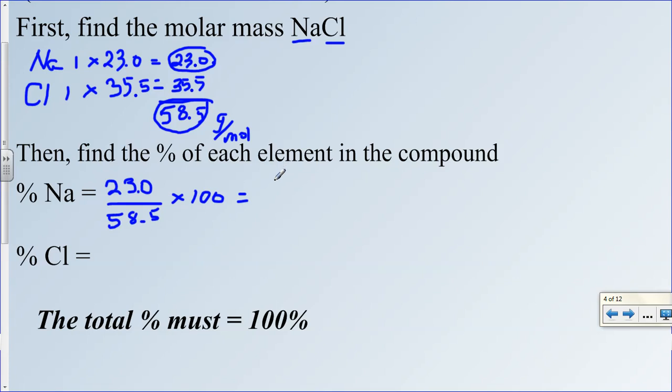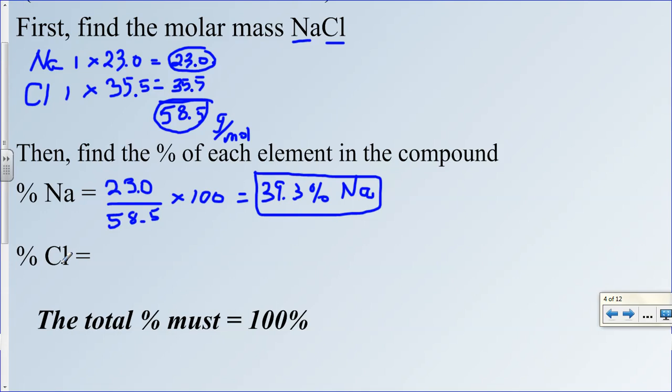This comes out to be 39.3%. And we always want to label the substance we're working with. So that's sodium. So 39.3% sodium is the percentage of sodium in sodium chloride.